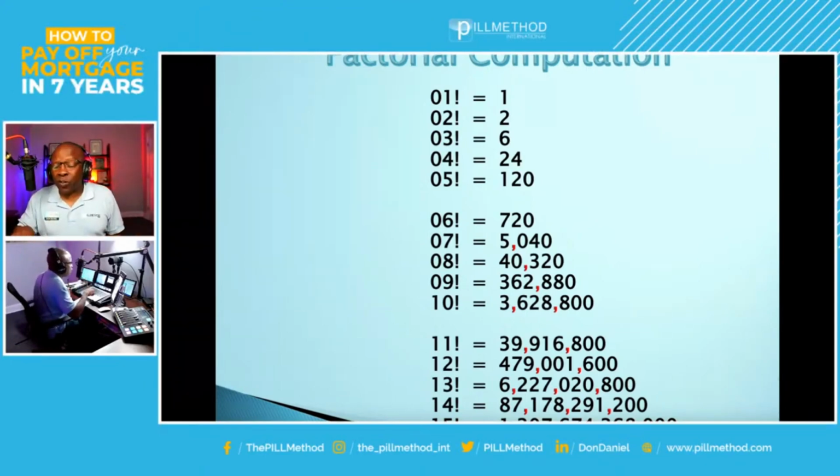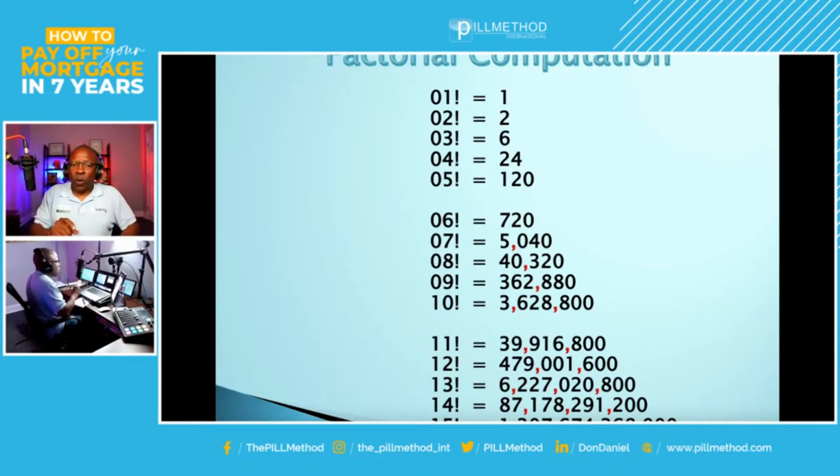Our program does factorial math. All right, so watch this. If you have 10 books on a shelf, and we have the books standing straight up, that's the only way we can arrange them. We have 10 books on the shelf, and I want to rearrange those books so that we've got them numbered 1 through 10.